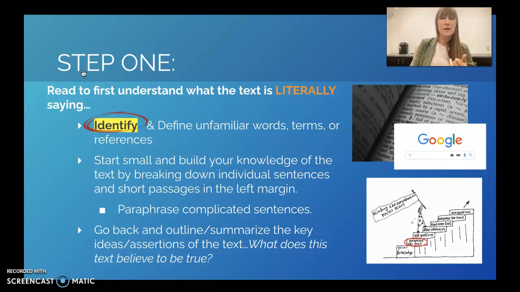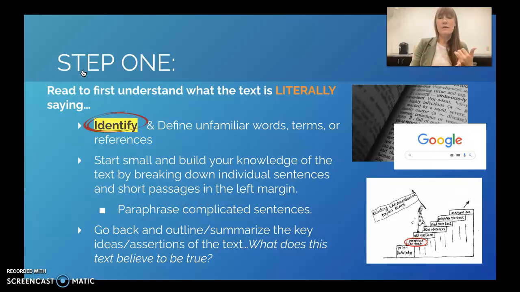We also want to start small and build our knowledge of the text by breaking down individual sentences and short passages in the left-hand margin. It's helpful to keep a standard location for different types of annotations. That way, you have a system that you kind of go to each time that you implement it, and your eyes sort of know where to navigate for different types of information.